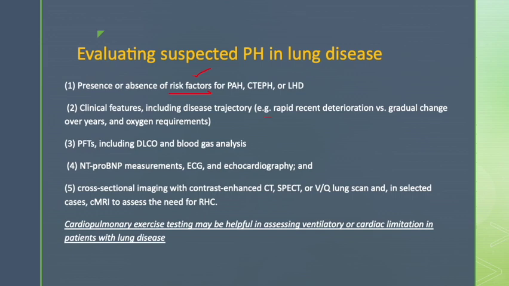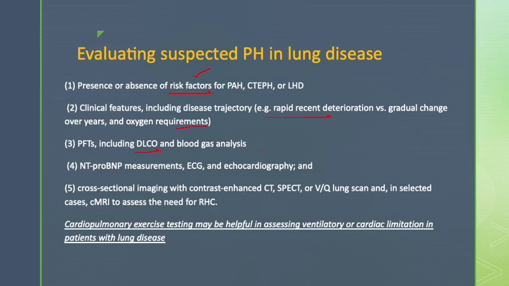Sometimes a rapid deterioration of the disease, even though well-controlled COPD, could be a hint. Sometimes a gradual change may be visible over years, and oxygen requirement, hypoxemia, which is not explainable by the current lung condition, may be a clue. Doing pulmonary function, including DLCO, and a blood gas analysis are helpful.